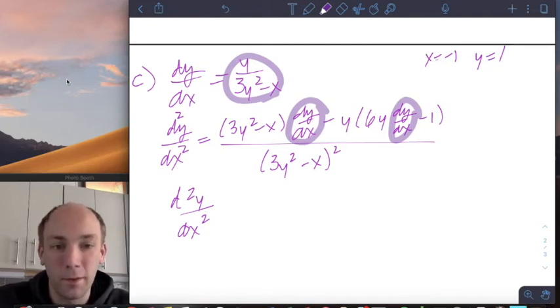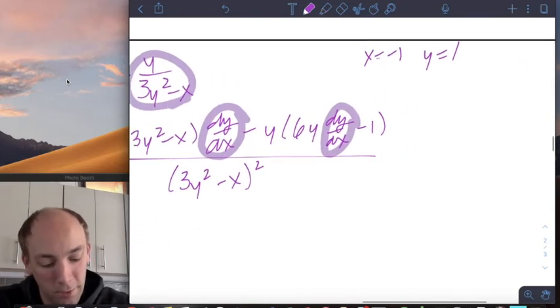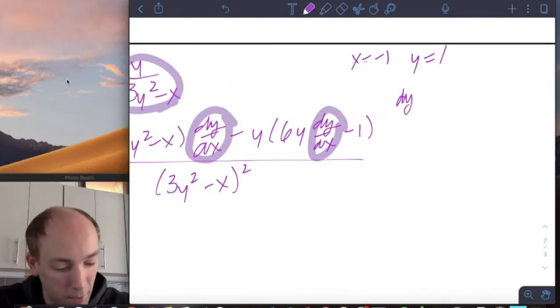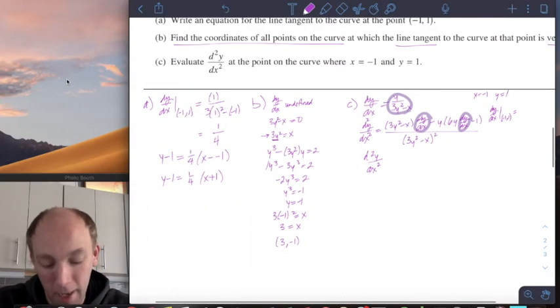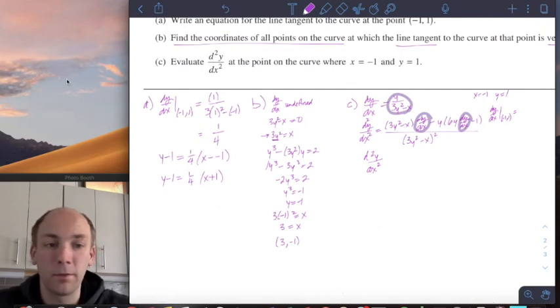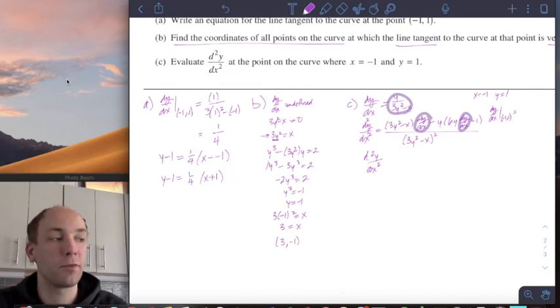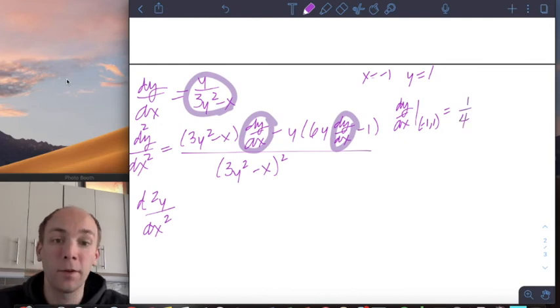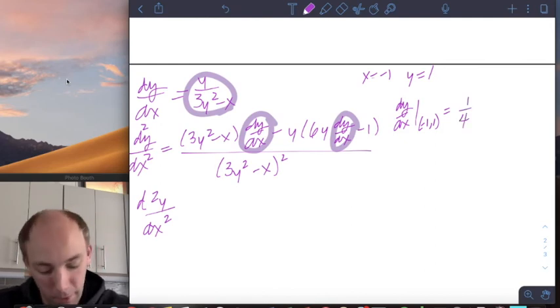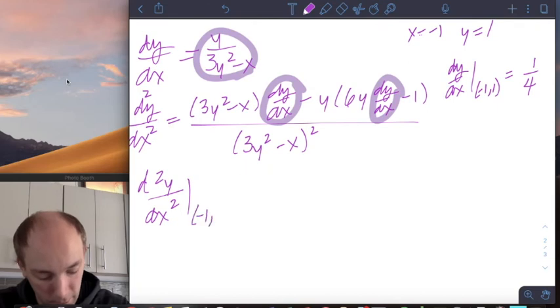Instead, we can evaluate that dy/dx term off to the side. If we look back to part A, we already evaluated the derivative at (-1, 1) and found that it is 1/4. So anywhere there's a dy/dx, I can just put in 1/4.